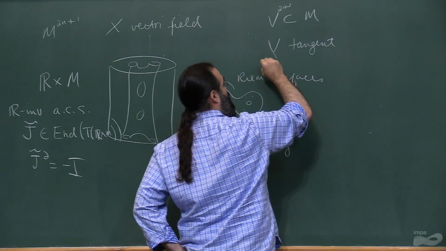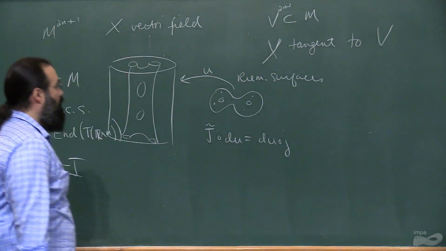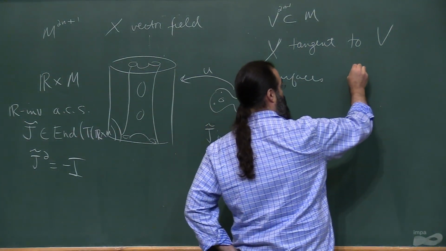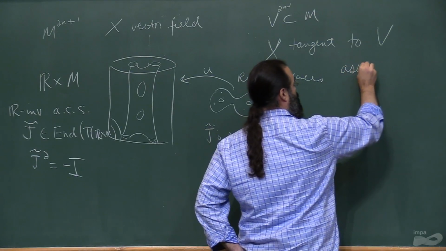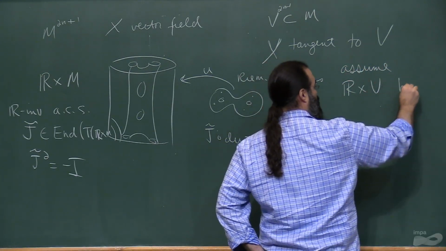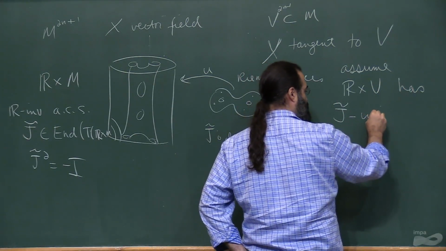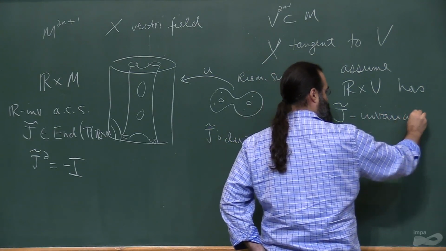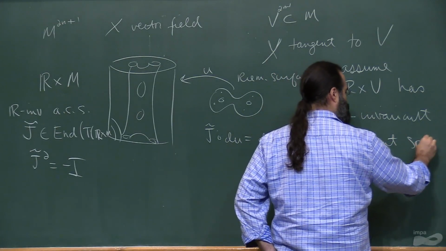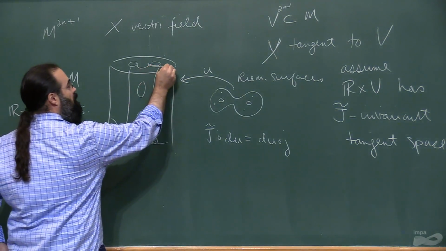Let's say the vector field X is tangent to the submanifold V. And moreover, under the conditions we'll look at, this is no problem, I want to assume that R cross V is a holomorphic object. It's got a J-invariant tangent space. Okay, so V maybe is in here like this.